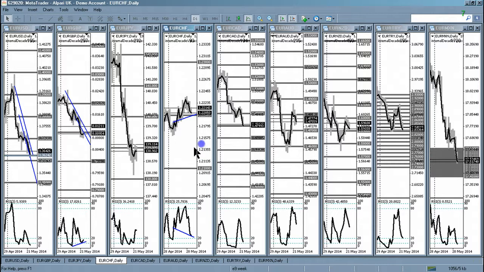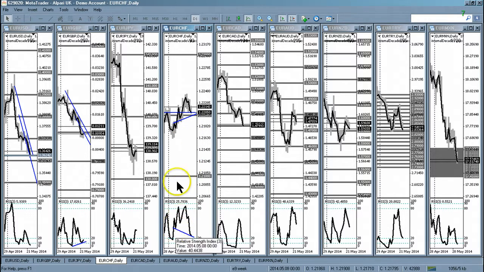Euro Swiss on the daily, your first signal that you have. So if this is the top bottom on the daily pivot, with the confluence of not only this, actually it's this guy to here, and then there's another line. So there's actually two reasons to buy that.